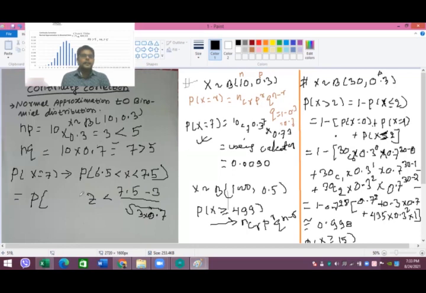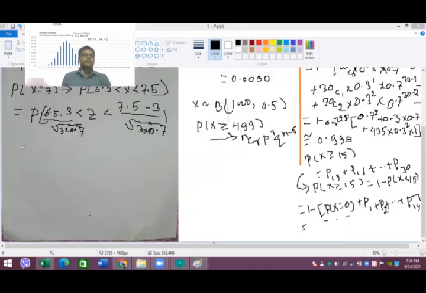And here in this case, what you can see is that it is going to be 6.5 minus the mean value, which is again 3, divided by the standard deviation, the root of the variance, n times p times q. So we require here a standard deviation. We have already seen that the standard normal is Z equals x minus mu by sigma.